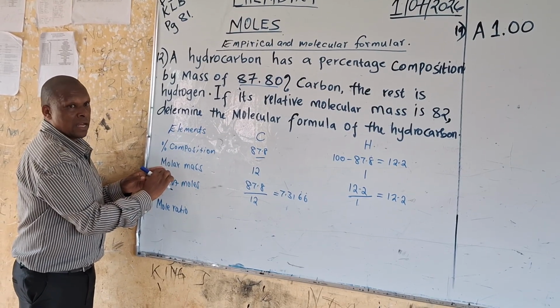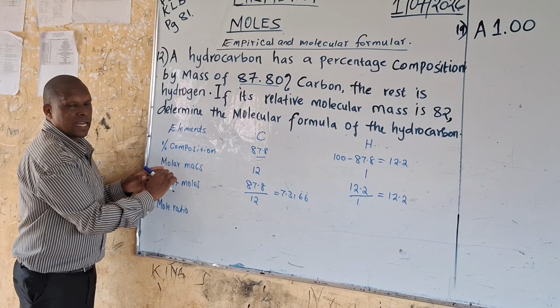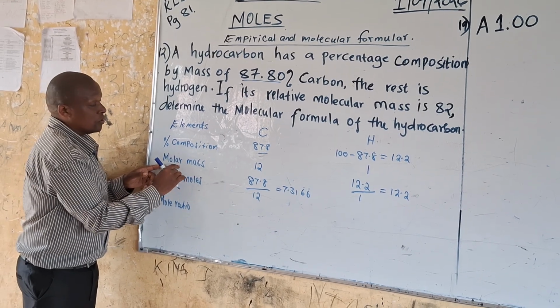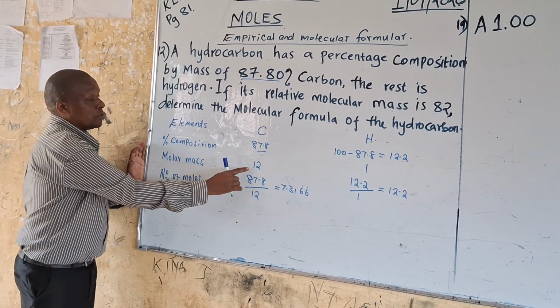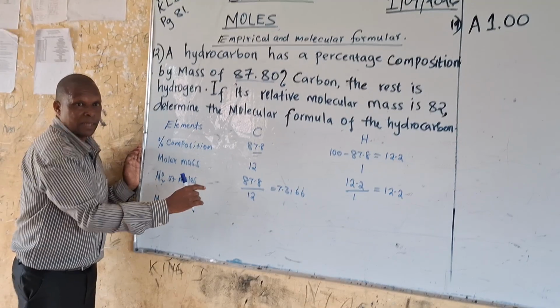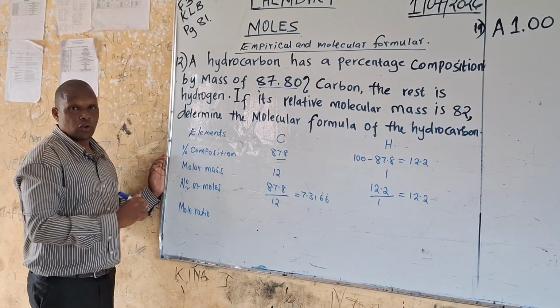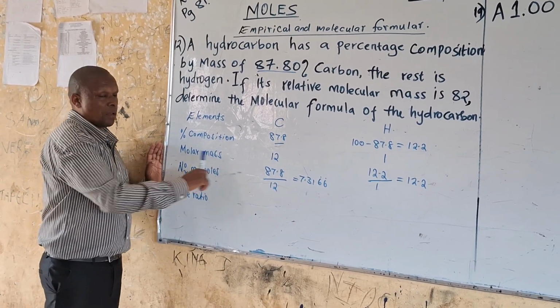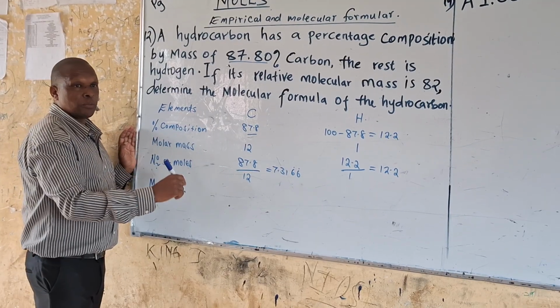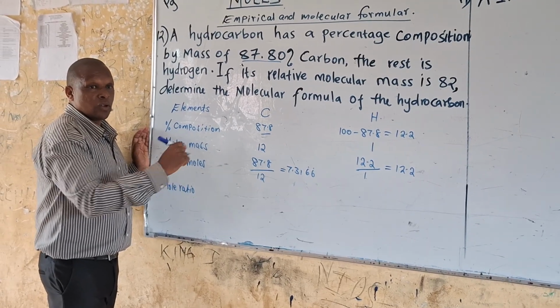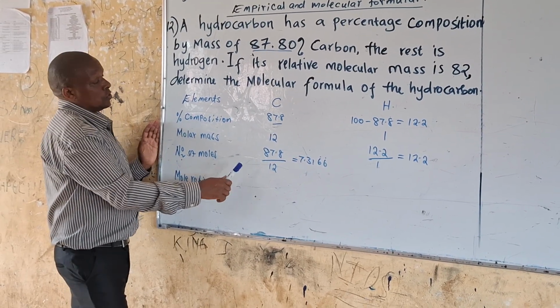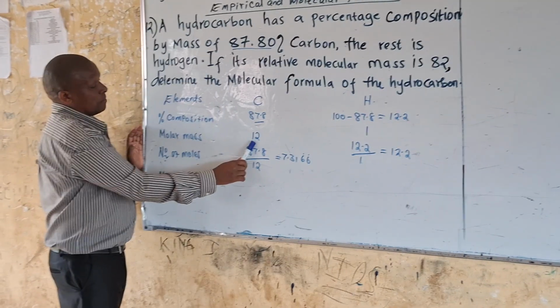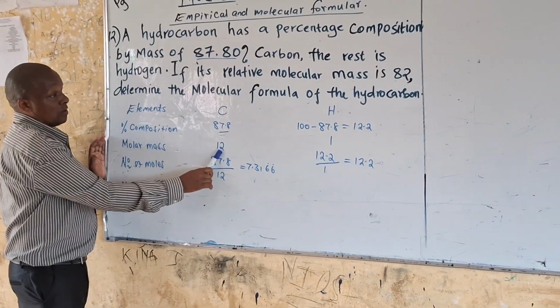But if you write relative atomic mass and it is an ionic compound, then it will be wrong because it is a wrong commitment. You are supposed to write relative formula mass. So molar mass accommodates all of them. That's why we prefer to use molar mass instead of relative atomic mass, relative molecular mass, or relative formula mass. So carbon relative atomic mass is 12, that is the molar mass, it is 12.